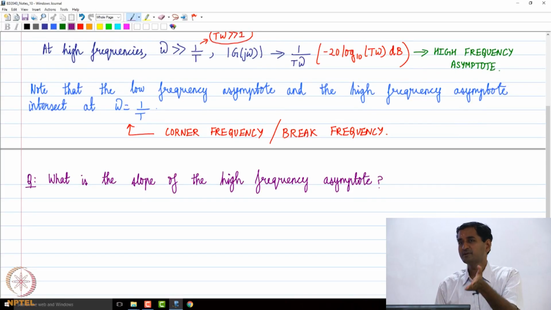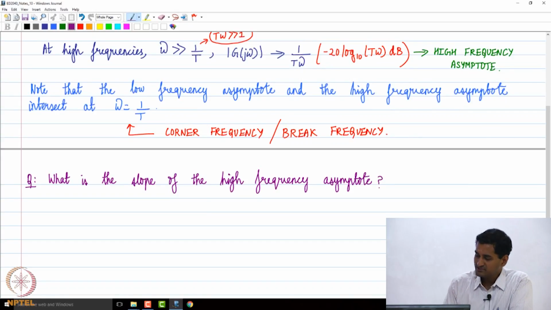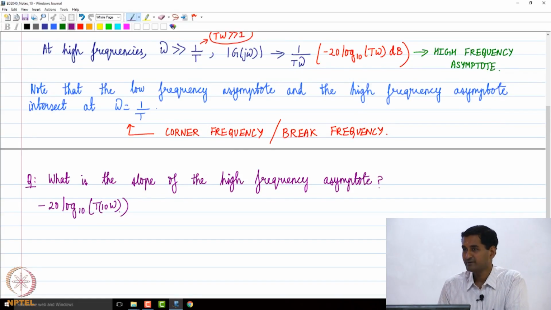So, what you do is choose a particular omega and go to 10 times omega and then find out the difference. Whatever the difference is, that is the value of the slope in decibels per decade. So, let us look at that. If I go from omega to 10 times omega, let us say from T omega to T times 10 omega, what am I going to get?